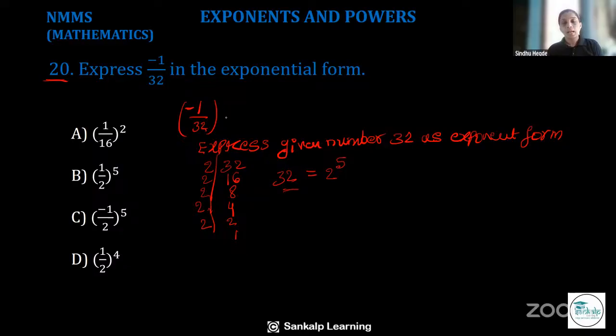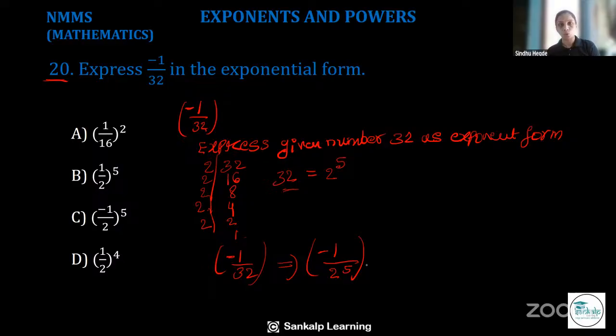So write the given number separately. Minus 1 by 32 is our given number. So here it becomes minus 1 by 2 raised to 5. We can take it separately, minus 1 by 2 raised to 5.